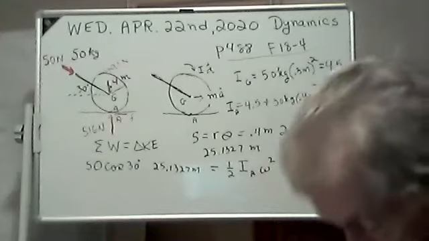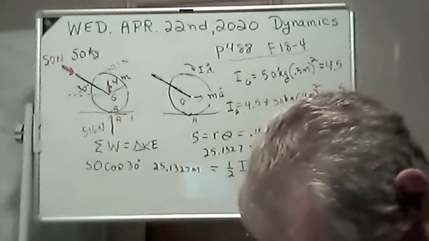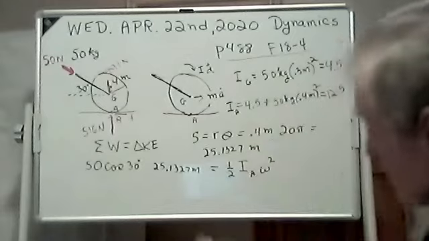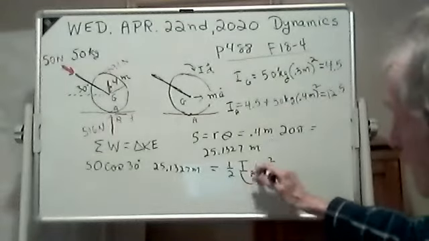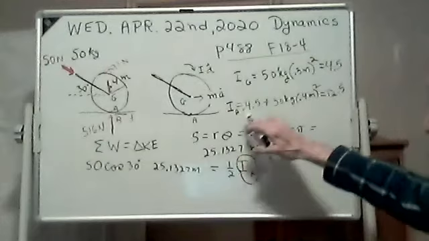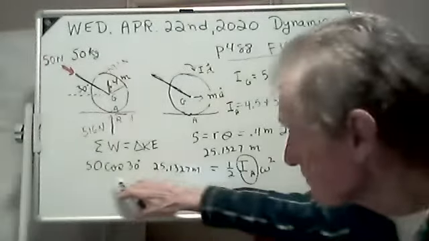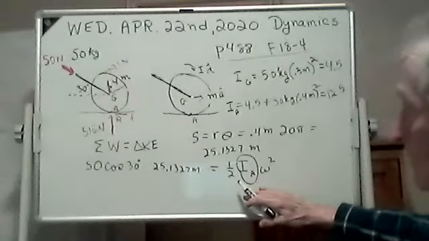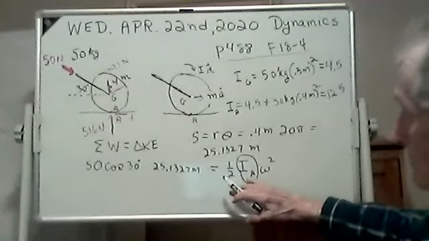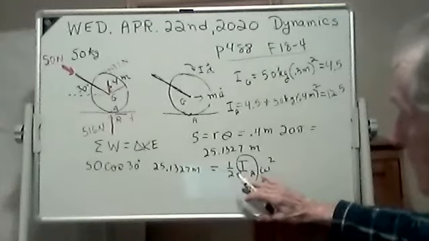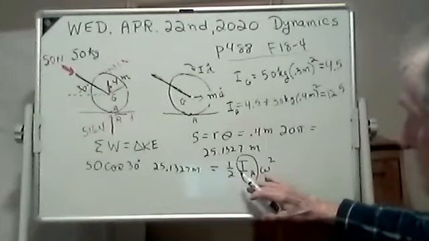Is that what they want, the omega? Let me read it here. Yeah, that's what they want. And we have this. It's sitting right here. It's 12.5. Look, here's an equation with only one unknown. This one is known. This is the unknown.